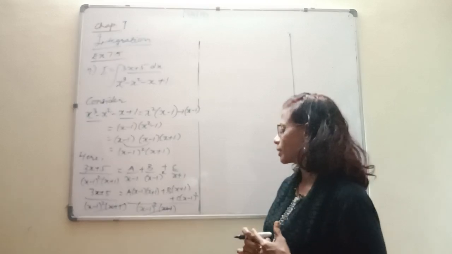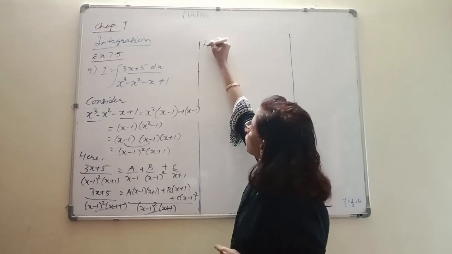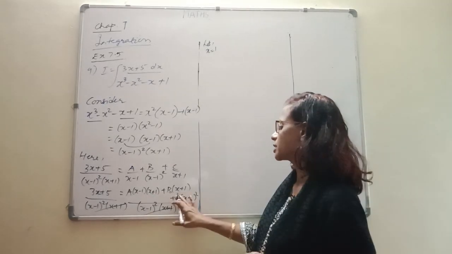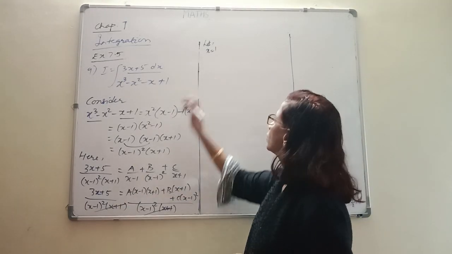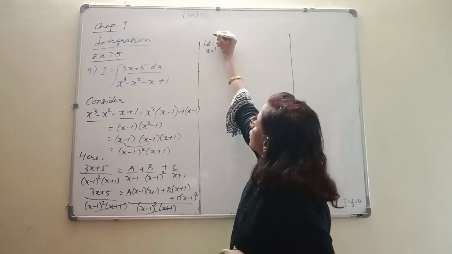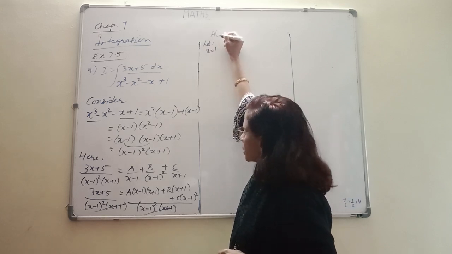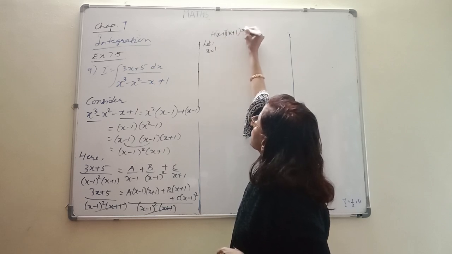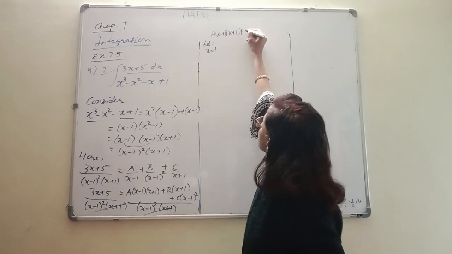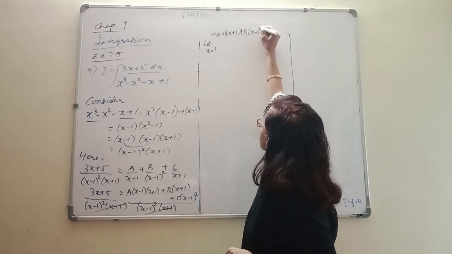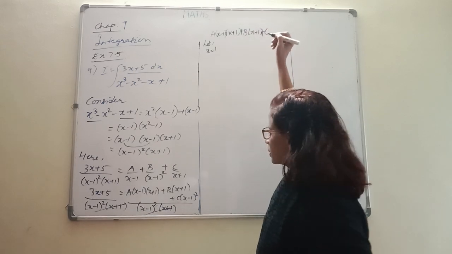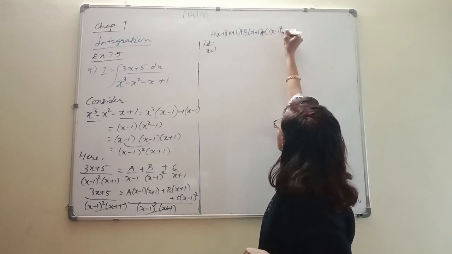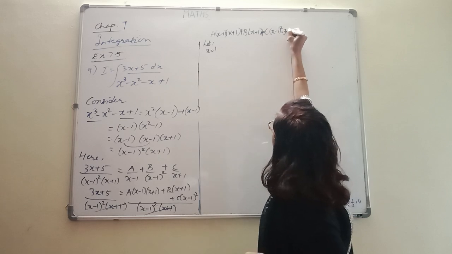Let's check. Maybe x equal to 1 could be your first value. Let x equal to 1. Your term will be a times x minus 1 times x plus 1, then plus b times x plus 1, and c times x minus 1 the whole squared, equal to 3x plus 5.